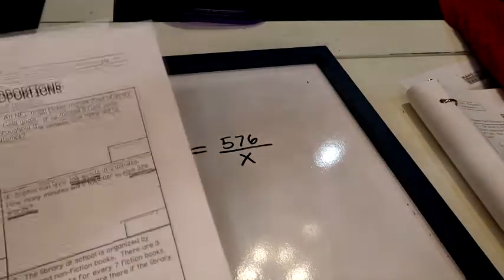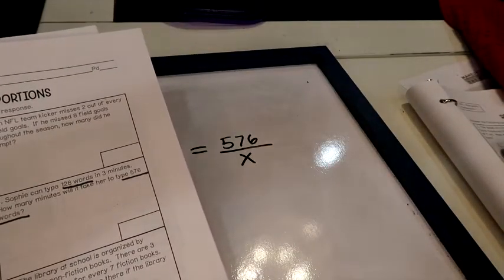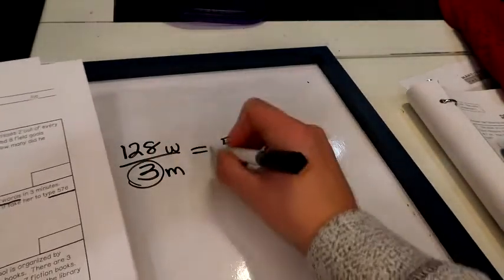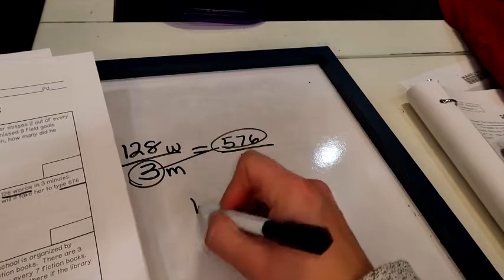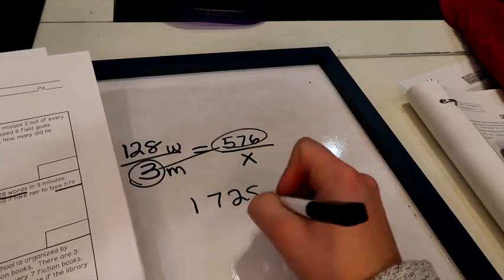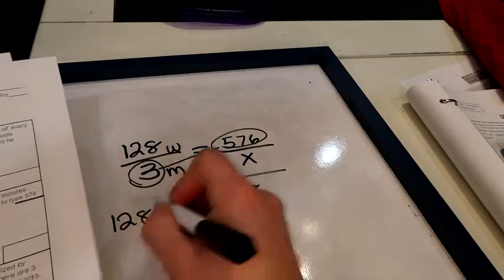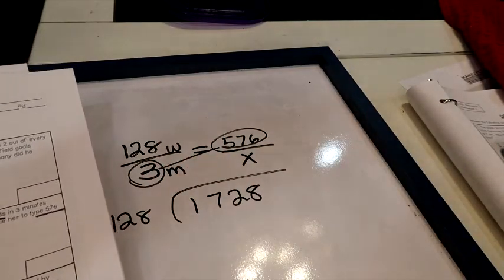So we know she can type 576 words, but we don't know how many minutes that's going to take. So 576 multiplied by 3 is going to give me 1,728. Now I need to divide this number by 128.